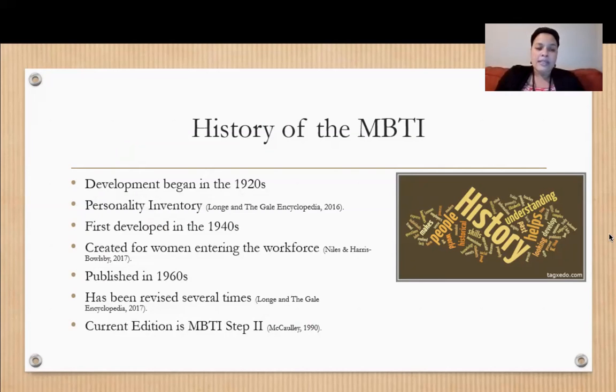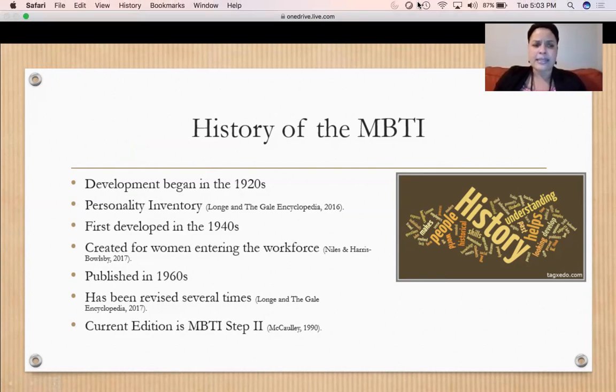Although it began its development in the 1920s, it was not until the 1940s that the MBTI became a reality with the help of Edward Hay, who was a personal consultant. Hay specialized in test construction, scoring, validation, and statistics.